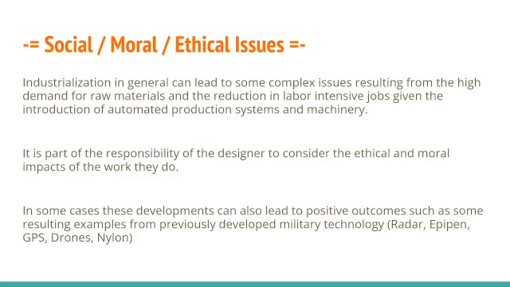Okay, and then social, moral, and ethical issues in regards to production in general. So industrialization has led to some really interesting issues, and there are some of them which we're still looking to solve now.